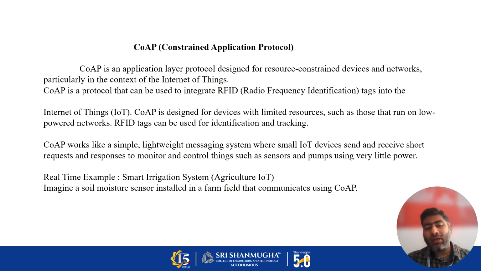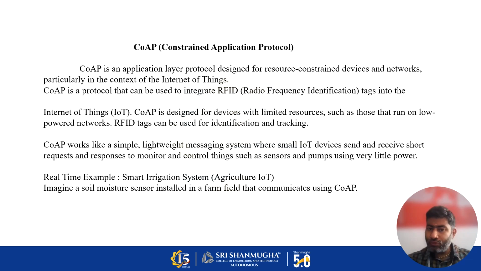Now we are going to look at a smart irrigation system. In an irrigation system you have installed a moisture sensor, you have a motor. Based upon the moisture sensor value, your motor can be turned on or turned off. But while using this protocol, it will not turn on automatically. You have the control to turn on your motor from a remote end.